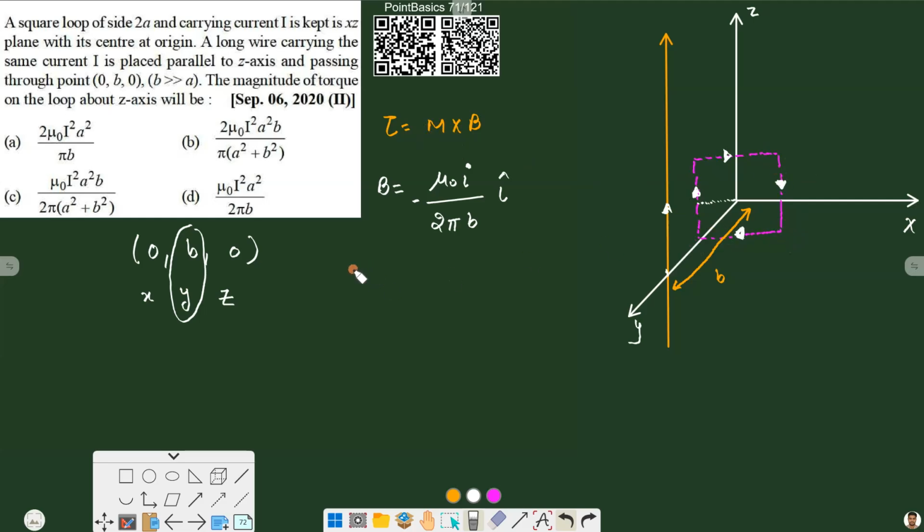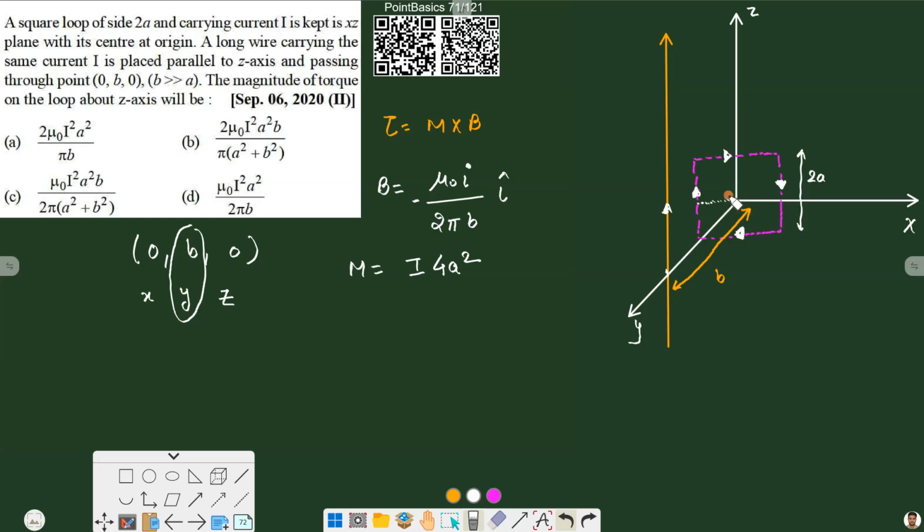Now coming to the magnetic dipole moment of this square loop, we know that m is I into A, so it will be I into the area of this loop. As the side is 2a, the area will be 4a squared. The direction of this m, according to the right hand rule, we can take as going in the negative y direction.